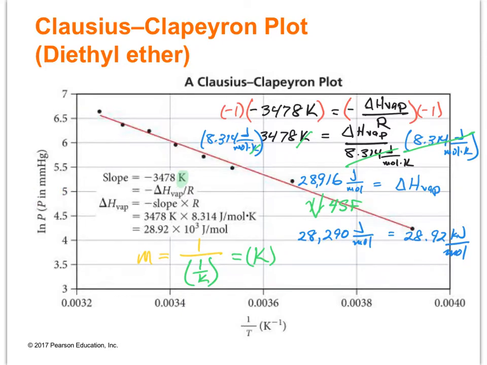It will change where the y-intercept is, and it will change the value of beta. But since beta is so specific for each substance, we're usually not interested in beta. So it doesn't affect the slope. So as long as all of our points are in the same pressure units, we can use the Clausius-Clapeyron equation and get the same result for the heat of vaporization.